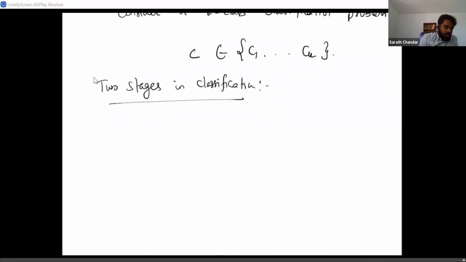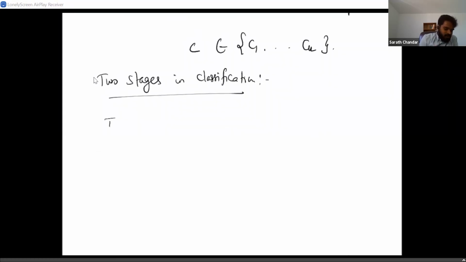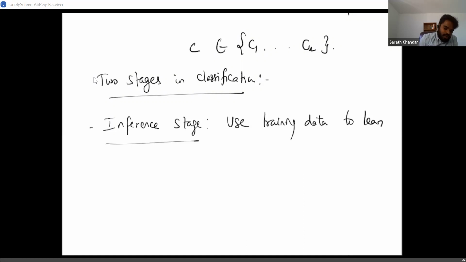The first stage is what we will call the inference stage. In the inference stage, we will use the training data to learn a model for P of CK given X. So we will first learn a model for the probability of choosing a class given the input.